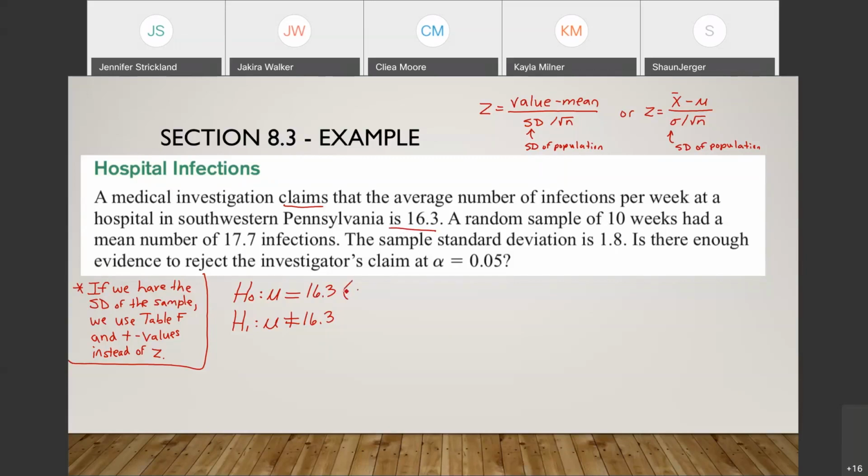So I'm going to put the word claim by the first one. Okay, does that make sense? Now, most of the time, we do have the claim by the H1, but it doesn't have to be there. So this one says the claim is that it is 16.3, so that means equal to. All right, everybody okay with that part?